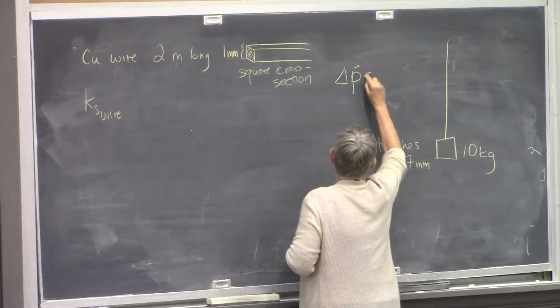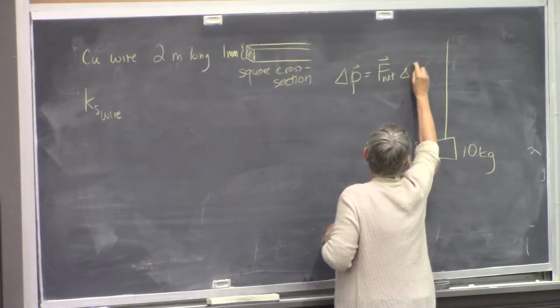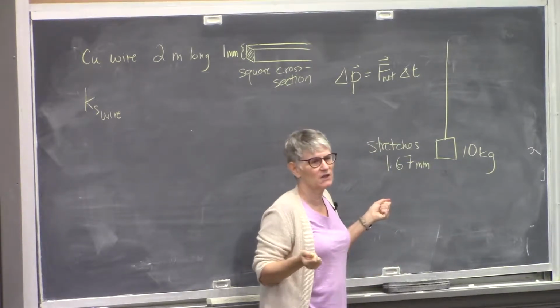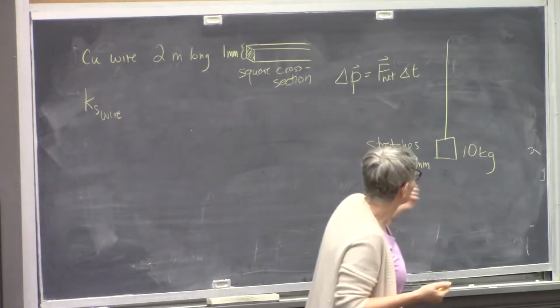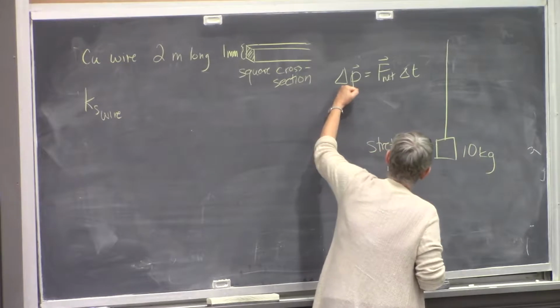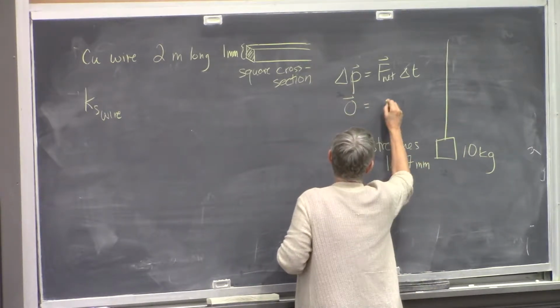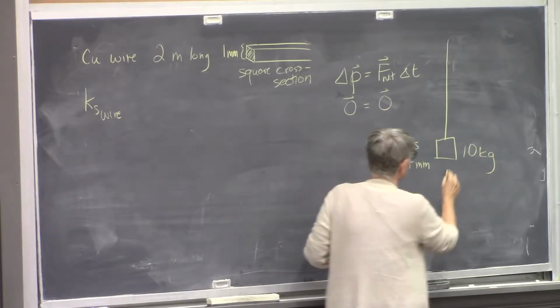Delta P is F net delta T for any given delta T that we're interested in, and we're about to make this an instantaneous thing by taking derivatives a little later. Then we say if the momentum change is 0, then the net force has to be 0.